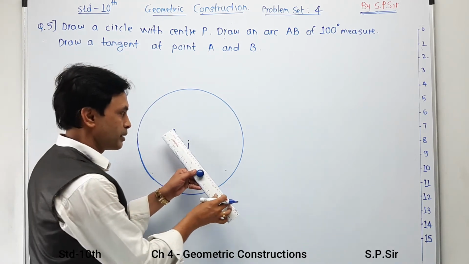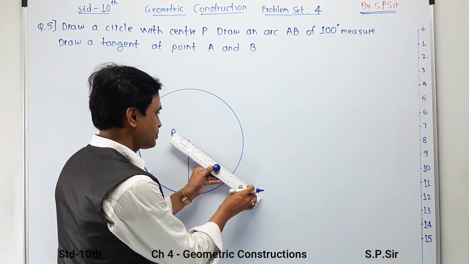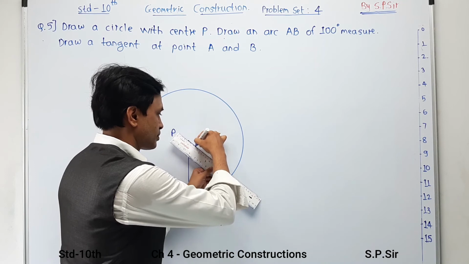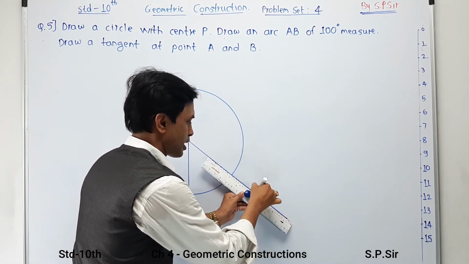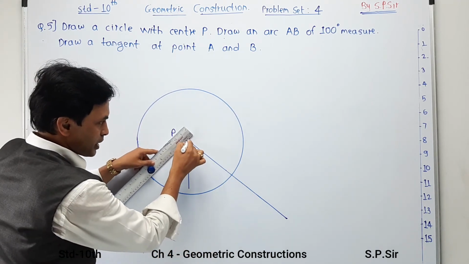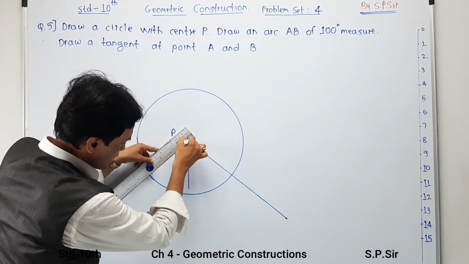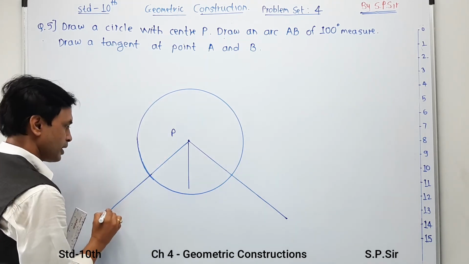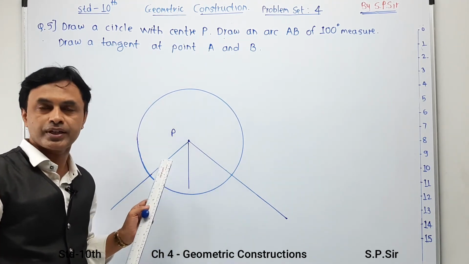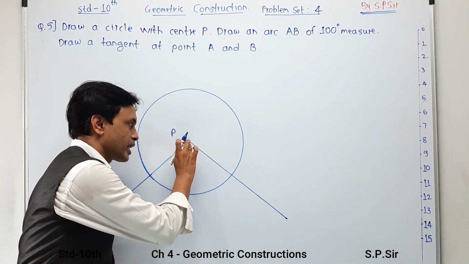Now I am going to complete my diagram over here. First side 50 and second side 50. In this way I have taken 50, 50, and after that just remove this line.